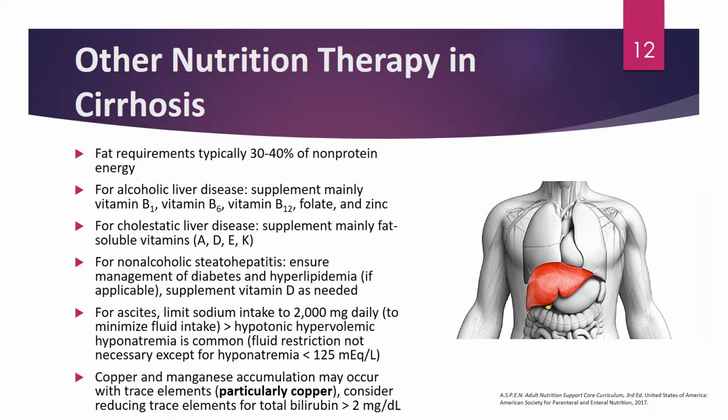Important for alcoholic liver disease, some of the main vitamins that you actually supplement for alcoholic liver disease include vitamin B1 or thiamine, vitamin B6 or pyridoxine, vitamin B12 or cyanocobalamin, vitamin B9, which is folate, and zinc.